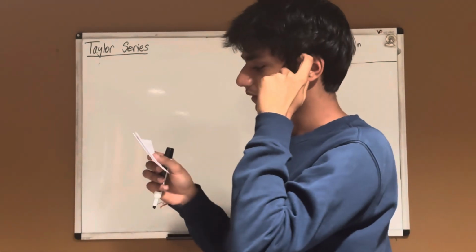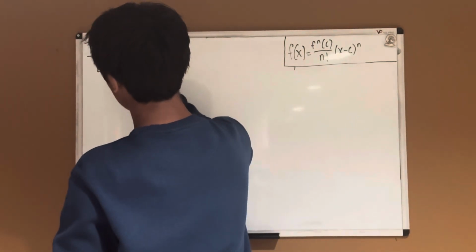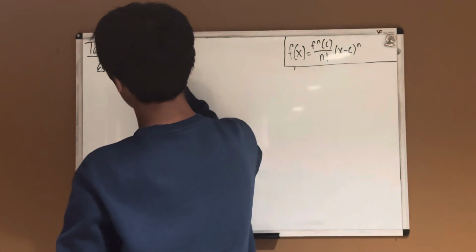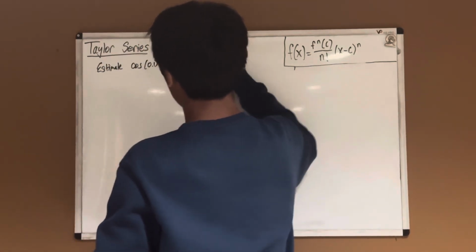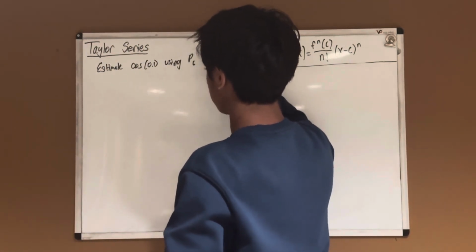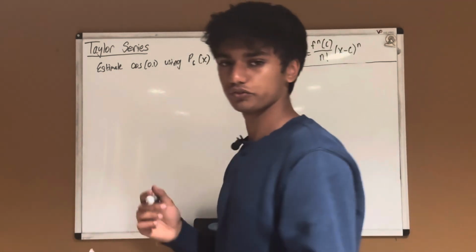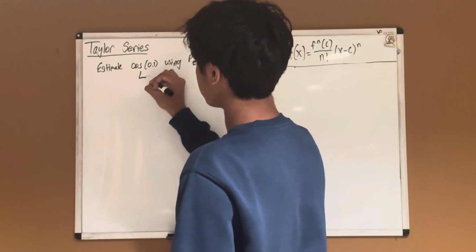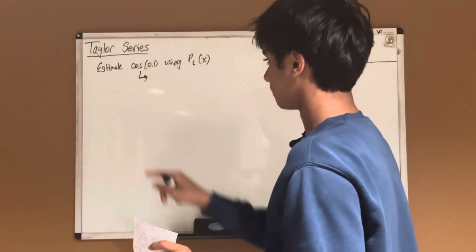Okay, so let's say we're given the problem. We want to estimate cosine of 0.1 using p sub 6 of x. This one, we want to use the Maclaurin series because, again, Taylor series work the best when you're around the center.